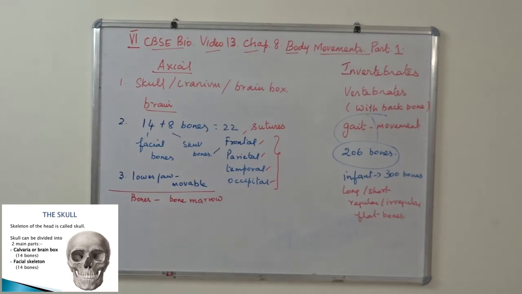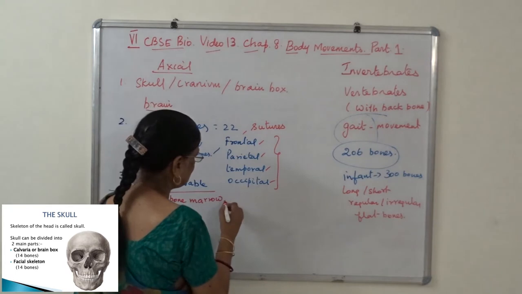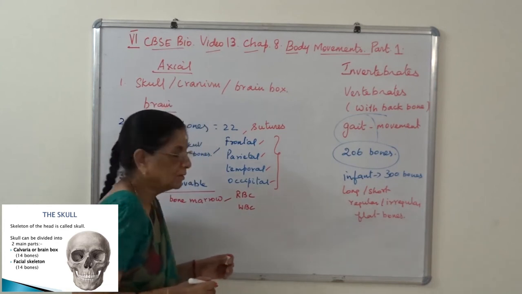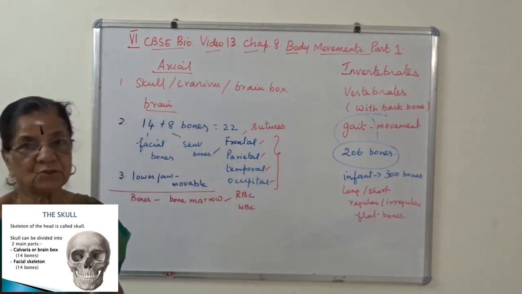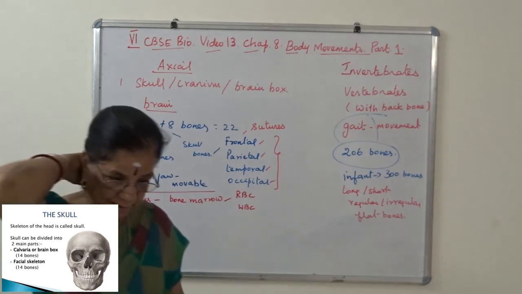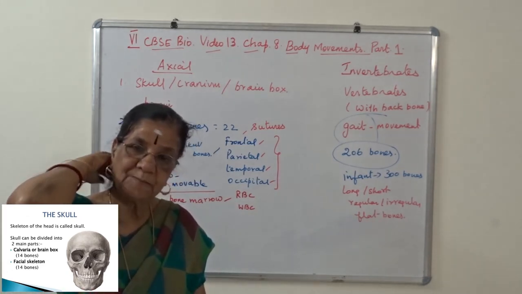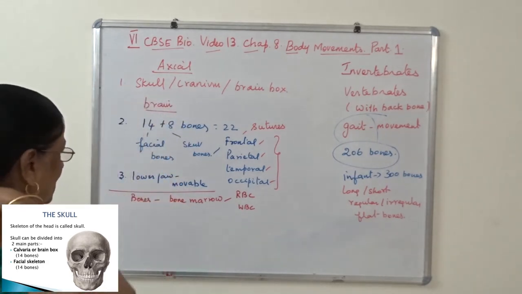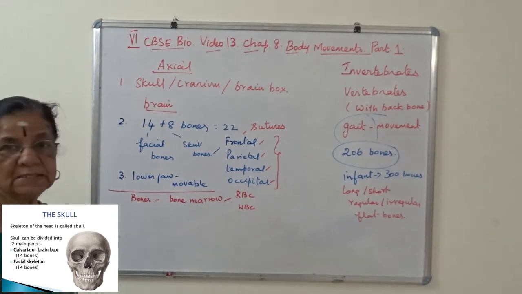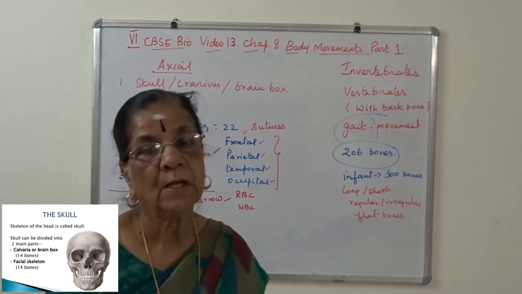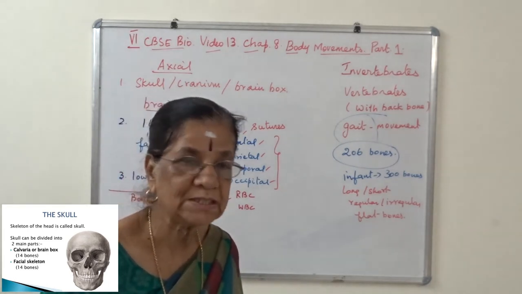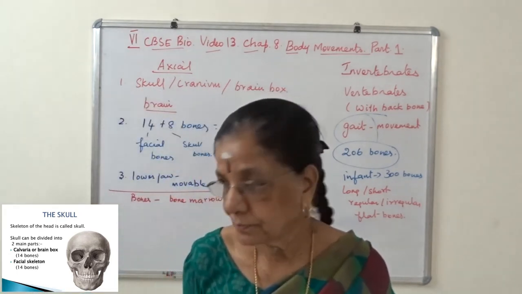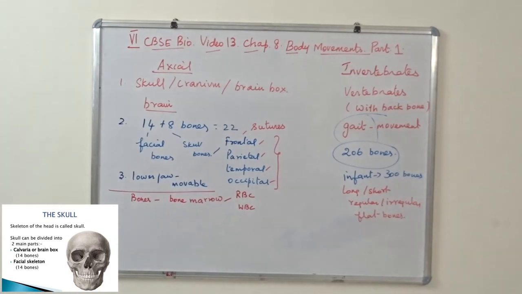Now this bone marrow is the site for the production of RBC, WBC, and platelets. RBC is red blood corpuscles, WBC is white blood corpuscles, and blood platelets. So bone marrow produces RBC, WBC, and blood platelets. I hope you follow. So this is for bone structure.